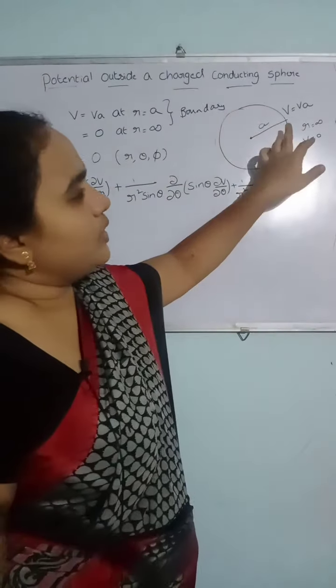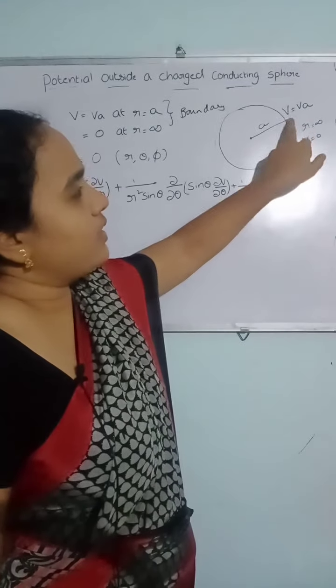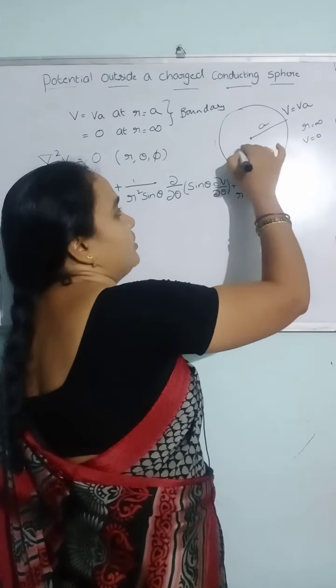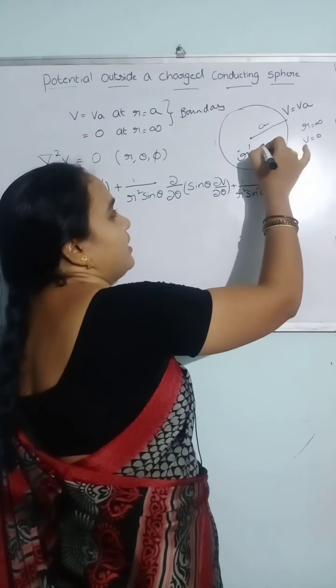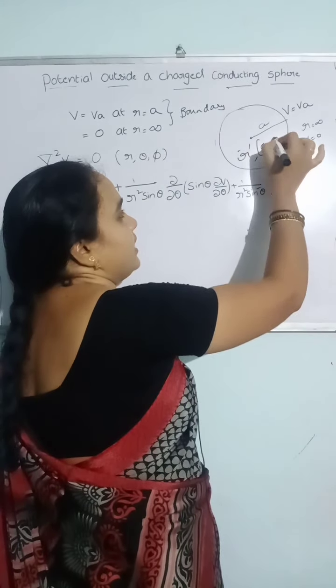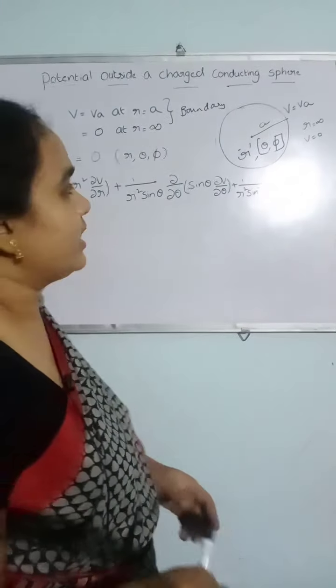But in order to define the potential at any point, we are only concentrating on the radius vector. So we are not taking the remaining two coordinates theta and phi. So here theta and phi are called constraints.